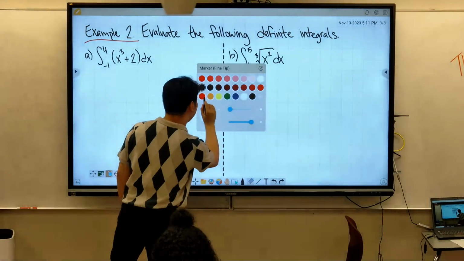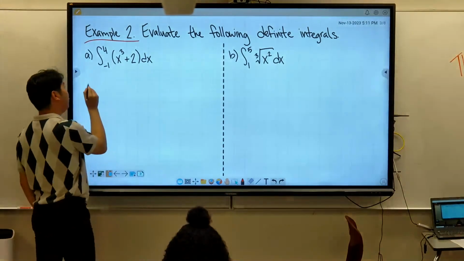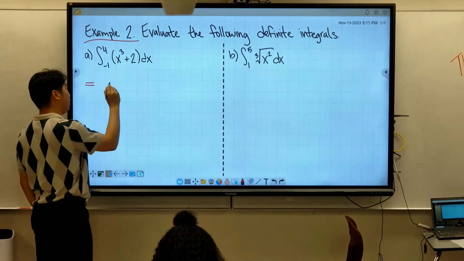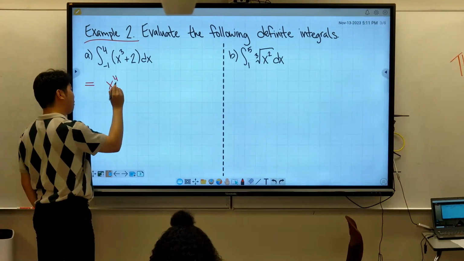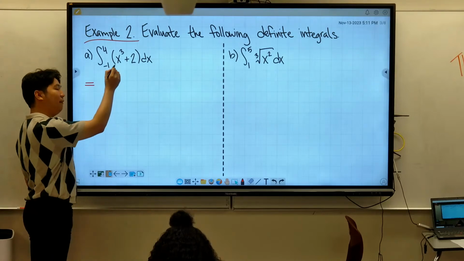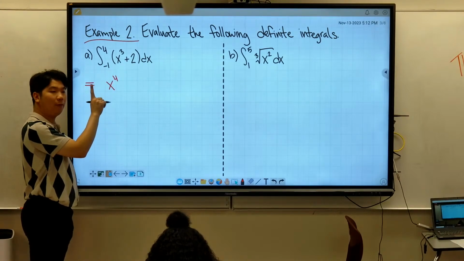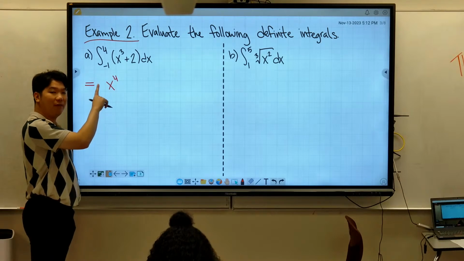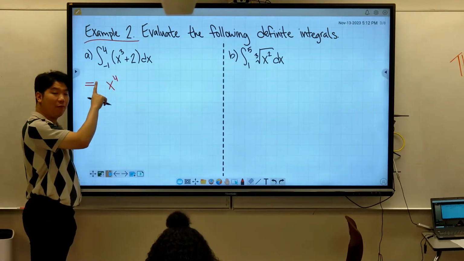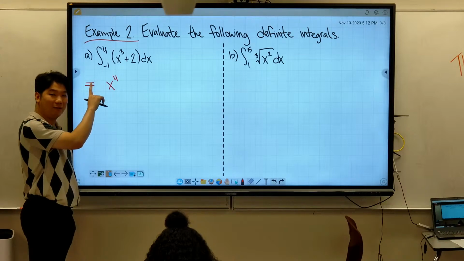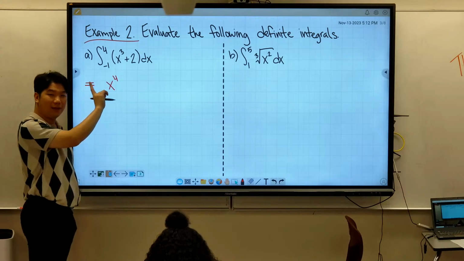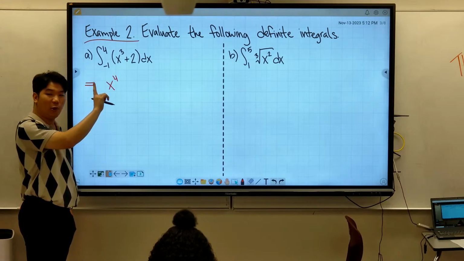Let me write this in red. So starting off, x to the power of 4. Is there anything else for the antiderivative of x cubed? Before we get that, are we done? What was our process for getting that antiderivative? We add 1 to the power. What was that second step?